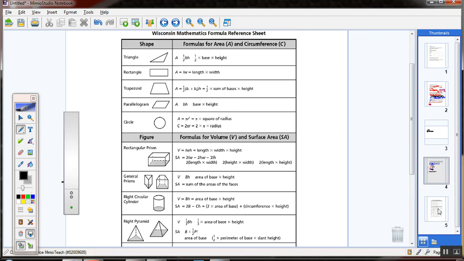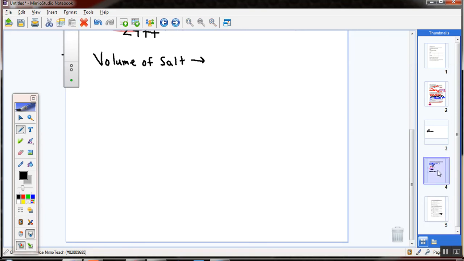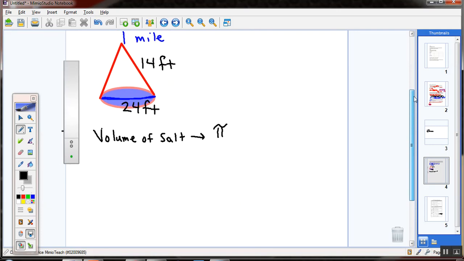I like this formula for a cone better. You might want to write down that the volume formula for this is pi r squared times height divided by 3. So let's find the volume of the salt pile we have using that formula. We're going to go pi times, if the diameter of that pile is 24 feet, kids, what's the radius?